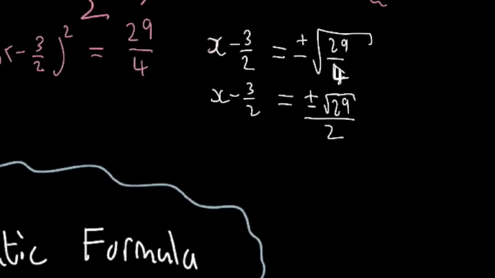So if I do that, all that's going to happen is that I'm going to have x is equal to 3 over 2, which is from the other side and it came across and became positive, plus minus square root 29 over 2. And so, we can type that into a calculator and we can get what the decimals are.